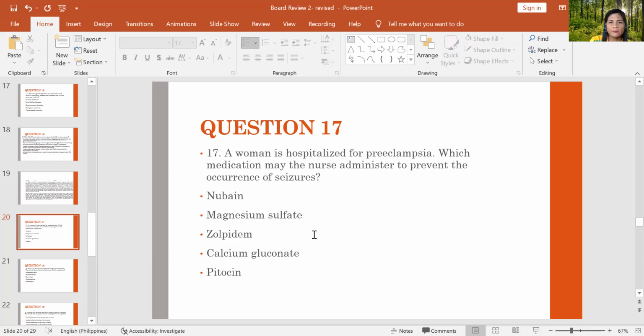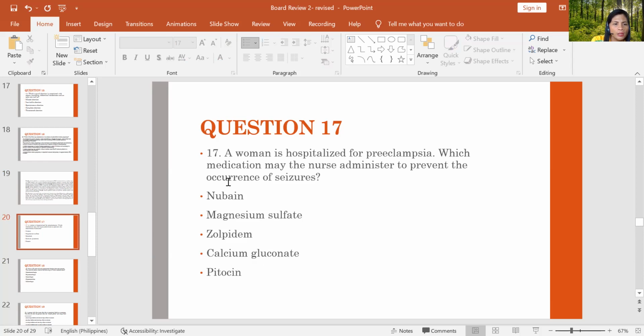So magnesium sulfate is used to prevent what? Seizure. So they are preventing seizure in women with severe preeclampsia. How about calcium gluconate? Calcium gluconate is the antidote for magnesium toxicity. And pitocin is used to stimulate the uterus to induce labor.